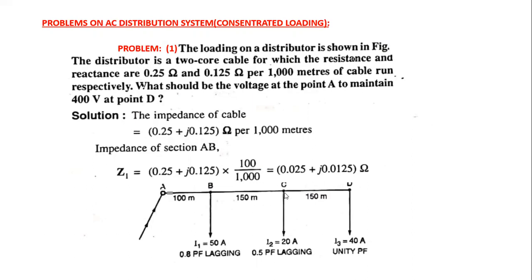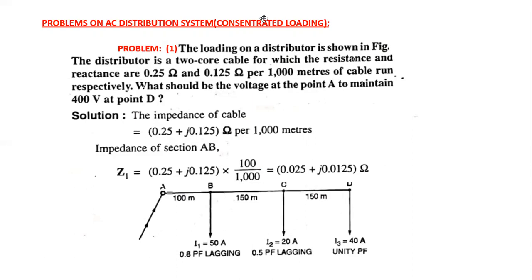At point C, I2 is 20 amperes at 0.5 power factor lagging. At point D, 40 amperes at unity power factor. These are the three loads tapped at points B, C, D.